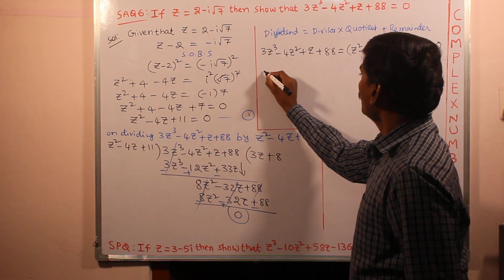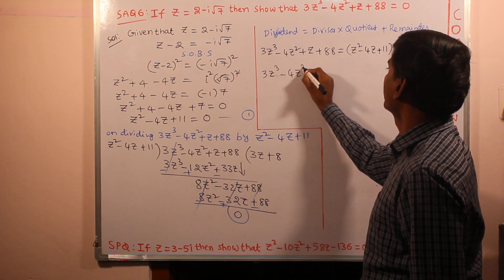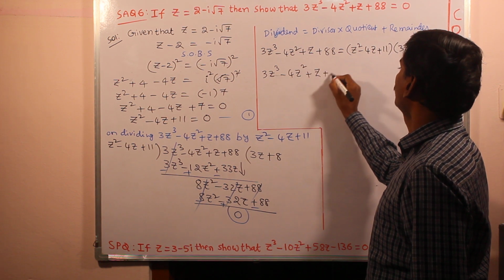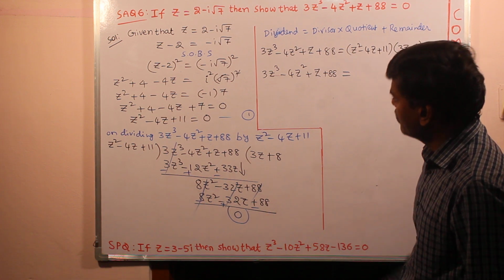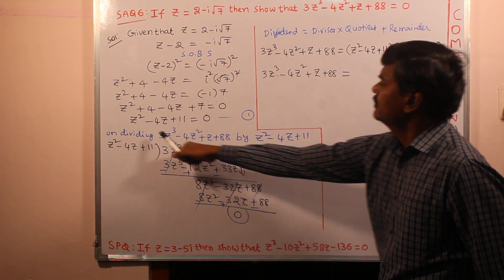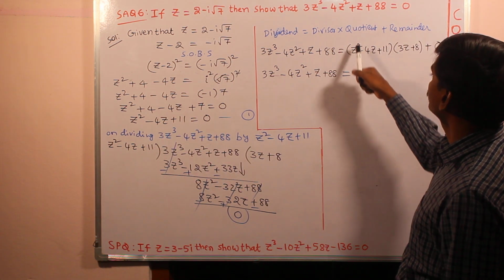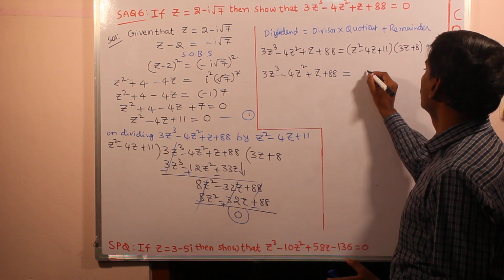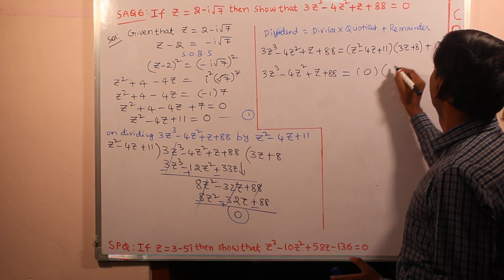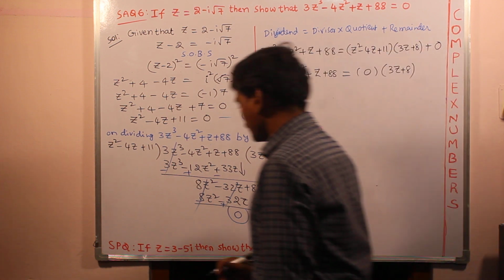Now write this term the same: 3z cube minus 4z square plus z plus 88 equals. Now it is time to use equation number 1. From equation 1, the value of z square minus 4z plus 11 is 0. So substitute the value 0 here: 0 into 3z plus 8; no need to write plus 0.